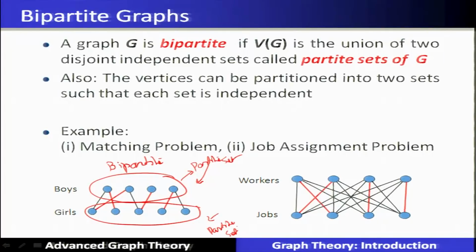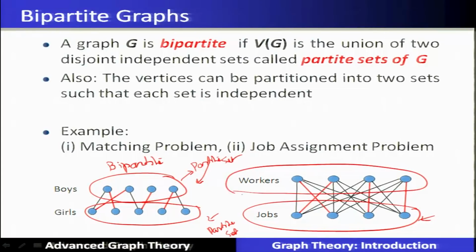Similarly, if you are solving the job assignment problem, that is the placement problem, in this application we have the set of jobs which can be represented as one partite set, and the set of workers which can do a particular job will form another partite set.